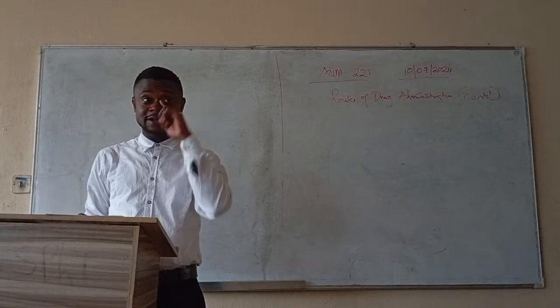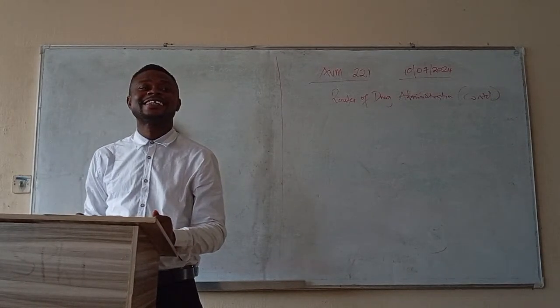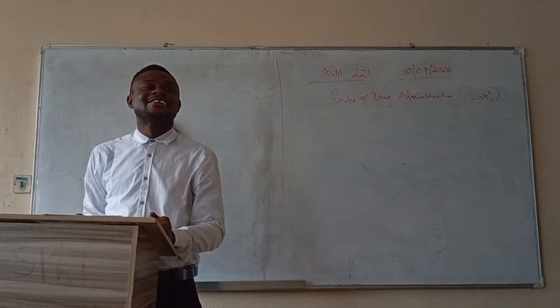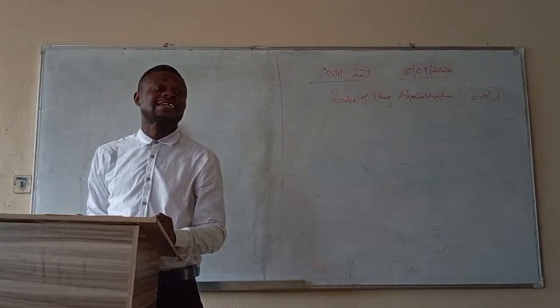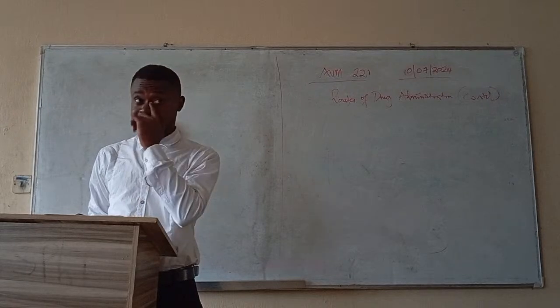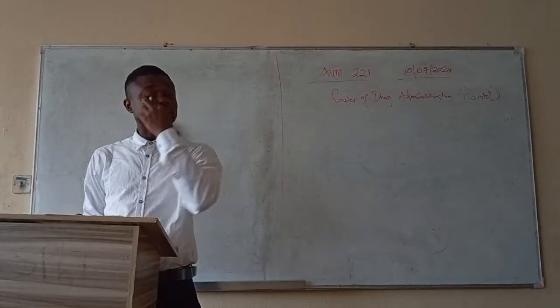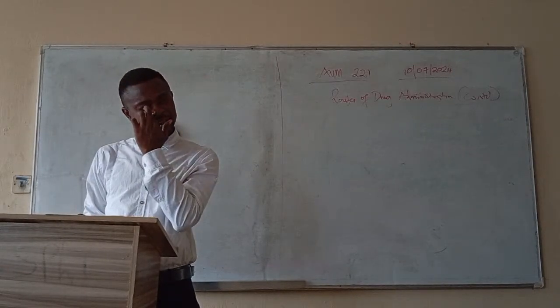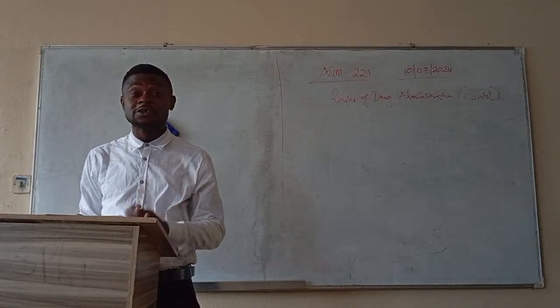Here is your conjunctiva. Conjunctival sac, right? Where is the sac? The sac is here. Here, and what is here? This place here. This place is what? I asked a question.